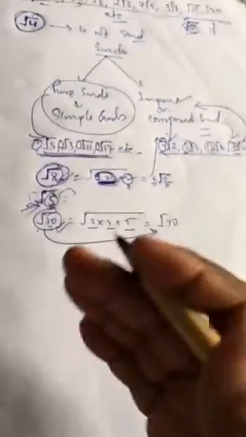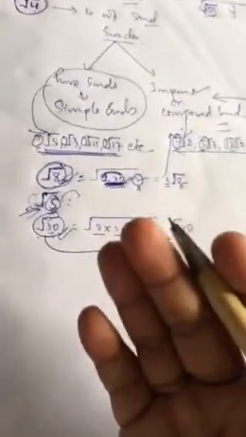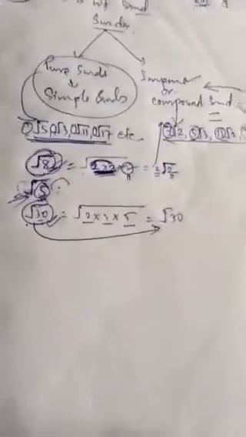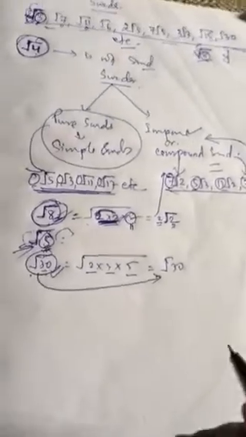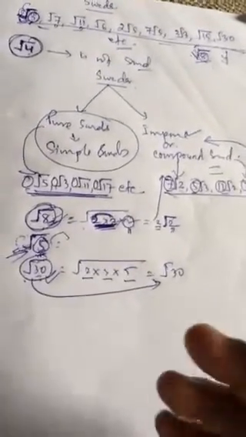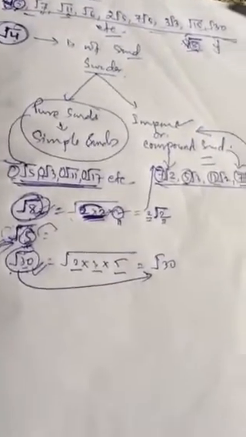But if pure forms can be converted into impure and you do not convert them and start solving, then you may have problems in some steps. Got my point? I will discuss more about the same topic.